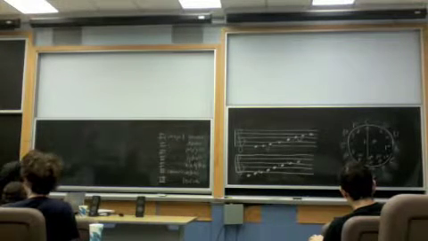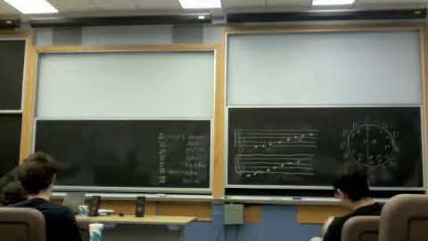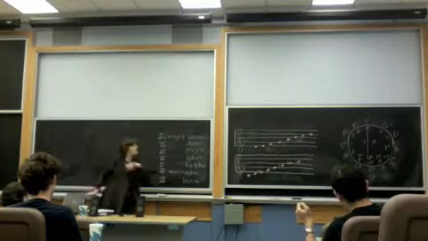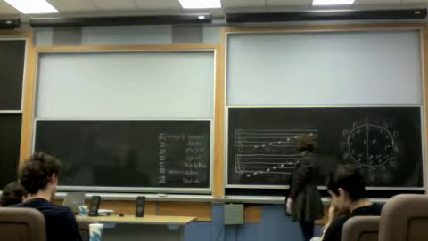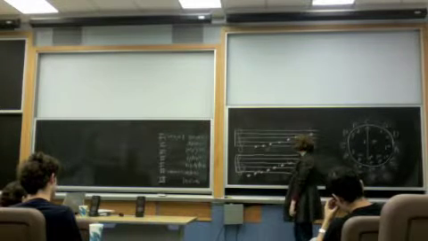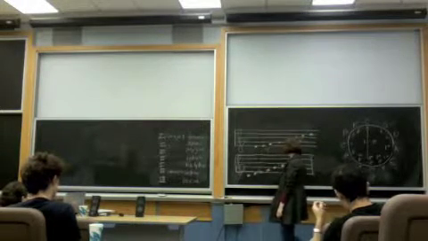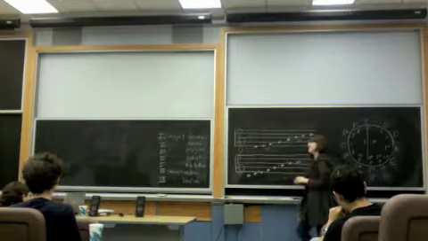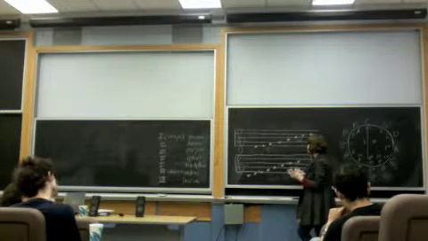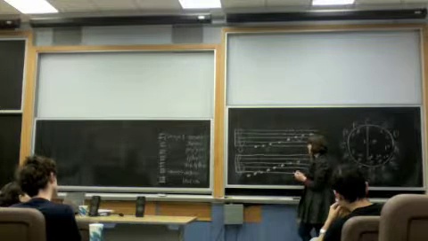Up here I've written a minor scale, and it is the same thing except the third, the sixth, and the seventh are flatted, or lowered a half step, which is what a flat does. It's one of the more commonly used ones.